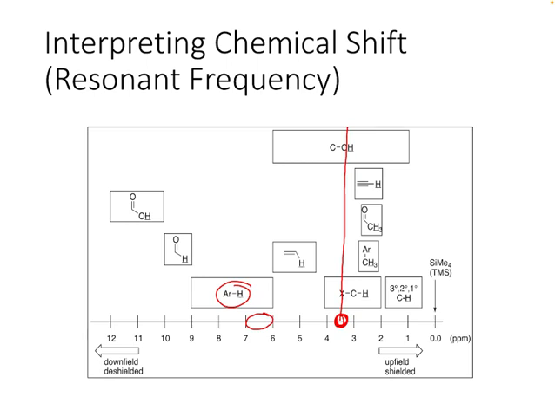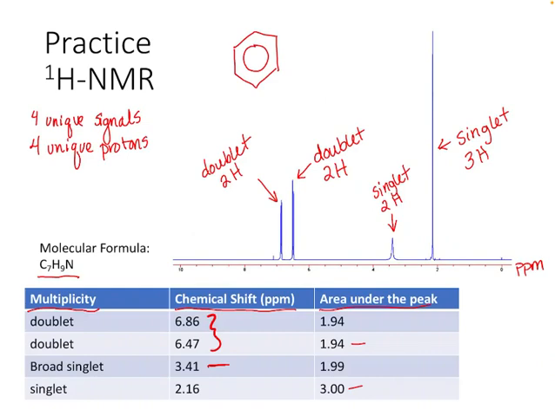One thing that's actually not really on this chart is that X could stand for a halogen or a nitrogen. That's a little misleading. So we could have a halogen or a nitrogen. And looking at our molecular formula, we do have a nitrogen. Okay, so that could be a hydrogen bonded to a nitrogen.